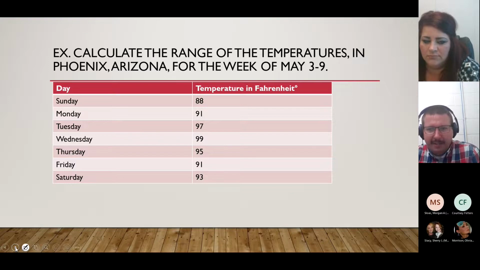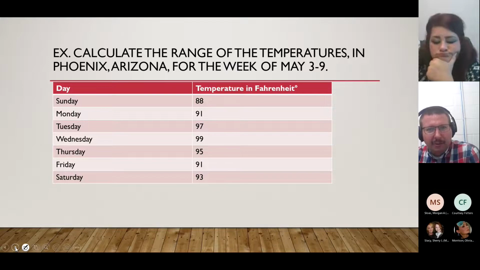Can someone tell me the answer once you have it? Is it 11? You are correct. It is 11, because the highest number looks like it's 99, the higher road, and the lowest is 88, and you subtract them and you get 11. That's your range. That is a science-related question regarding range.